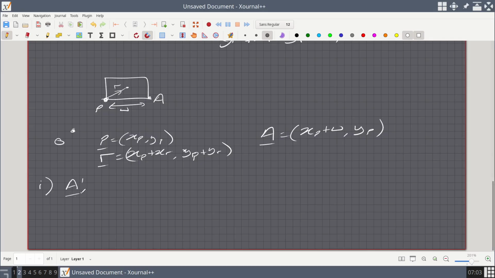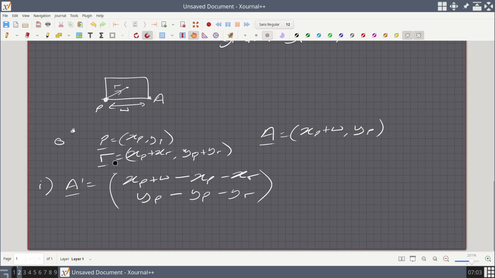So A prime is going to be equal to XP plus W minus XP minus XR. Right, so we're translating that to 0. And YP minus YP minus YR. Oh no, I'm out of space.